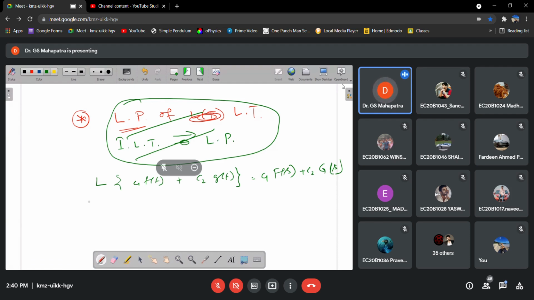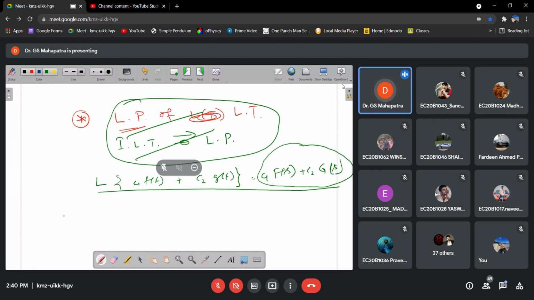This is the linearity property of the Laplace transform. Now if you want to take the inverse Laplace transform of the right hand side, what will be the answer?